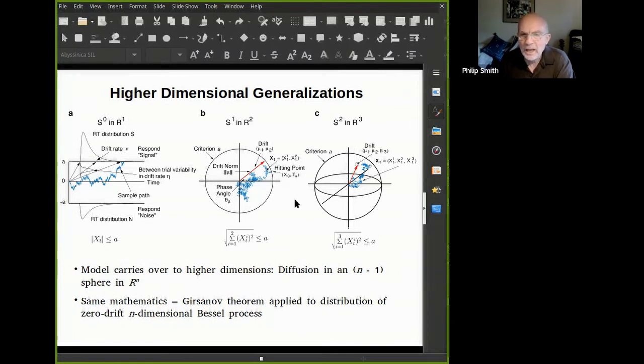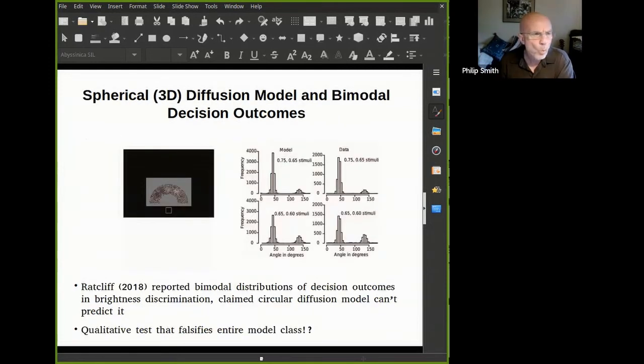And in all cases, the response rule is exactly the same. It simply says you accumulate evidence until the Euclidean norm of the process reaches a decision criterion, then you stop. And the same mathematics applies. The Girsanov change of measure theorem applied to the distribution of a zero drift n-dimensional Bessel process will give you the joint distributions. Okay, well, why would you want to?